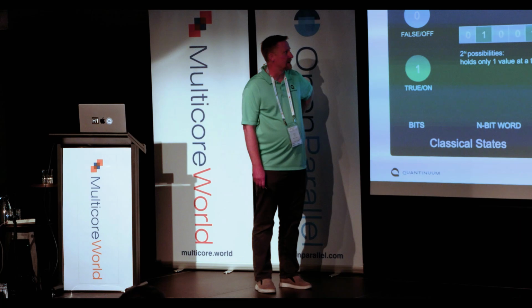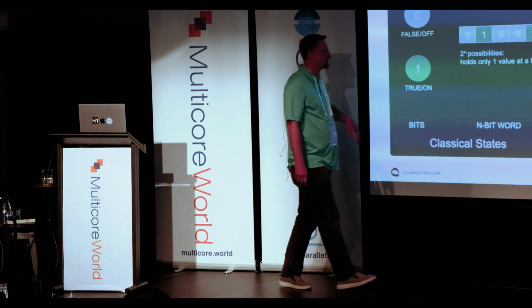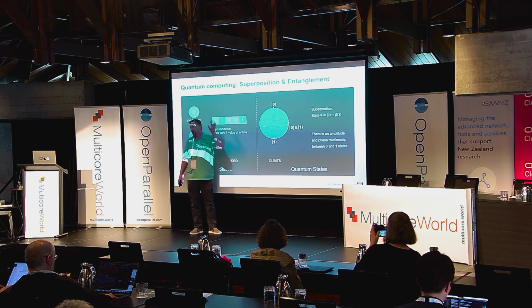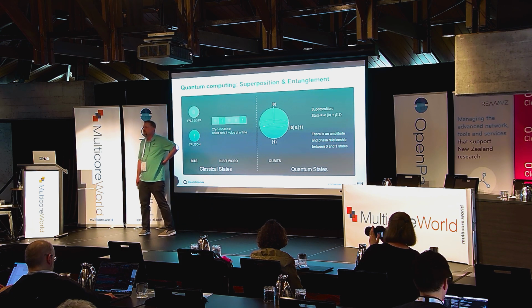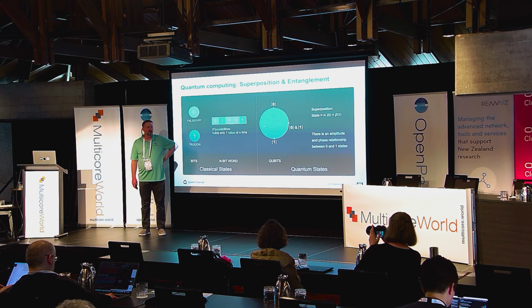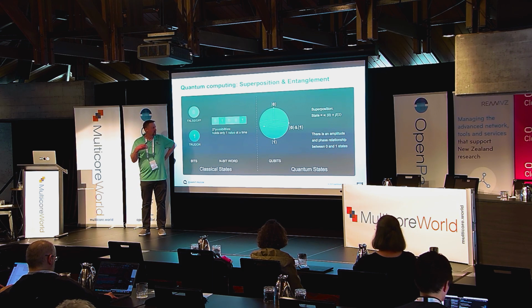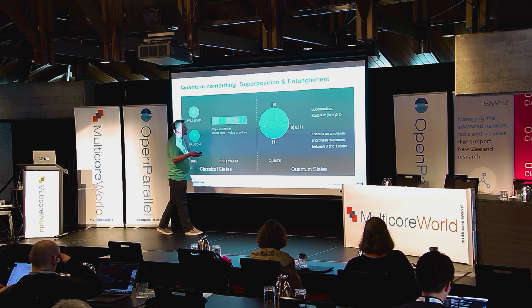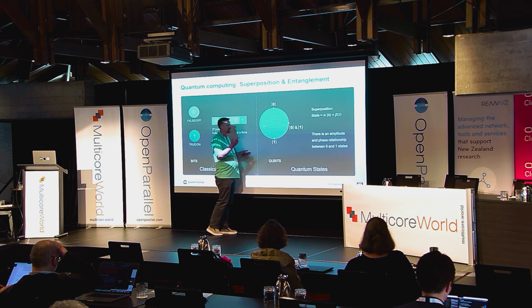So this thing we call the Bloch sphere, and I was debating whether to show it or not, but I think it tells a story that I'll get into, to tell you something about the power of quantum computing, but also some of the challenges that we have. The idea is your state is described by a vector.